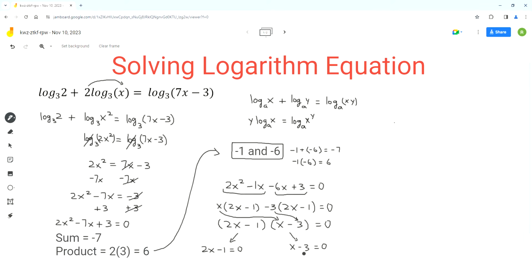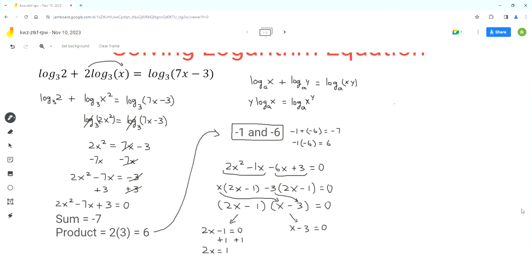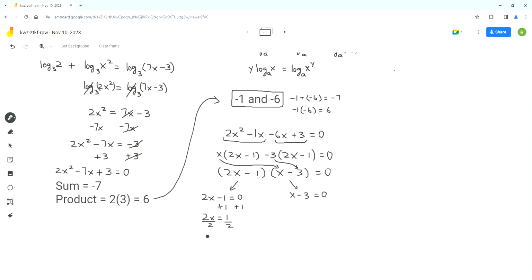So for the first factor, we add 1 to both sides. So 2x equals 1. And then we divide both sides by 2. So x equals 1 over 2.